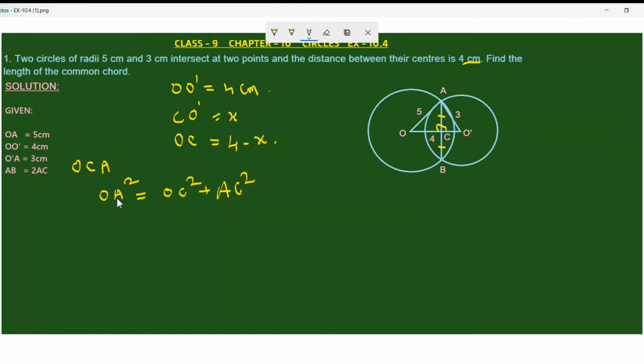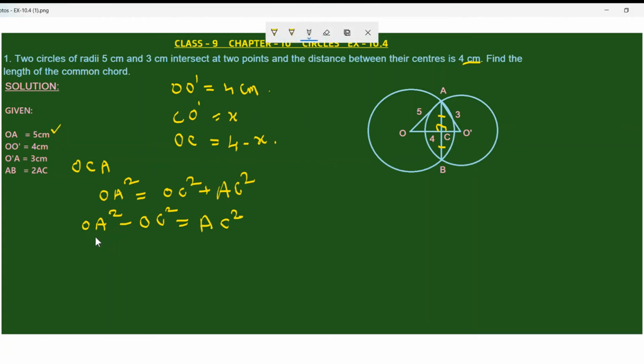We know what is OA, what is OC, but we need to find out AC. So keep AC on this side and bring OC to this side. So what will happen? OA square minus OC square is equivalent to AC square. We know OA is 5 centimeter, already given in the question.